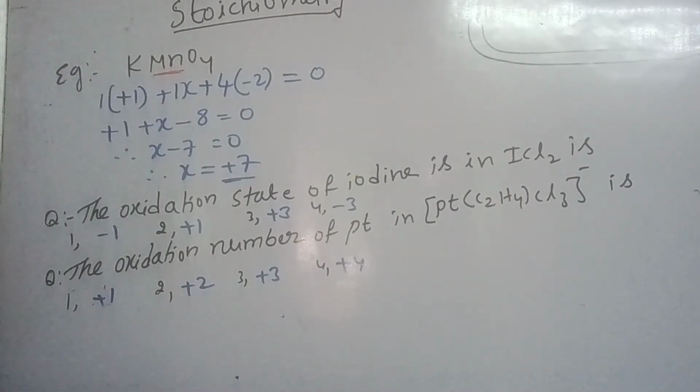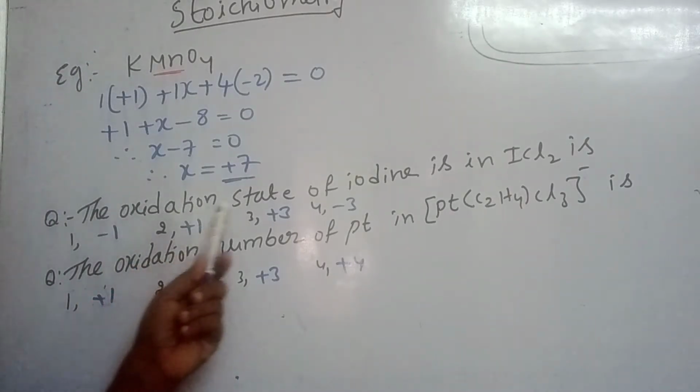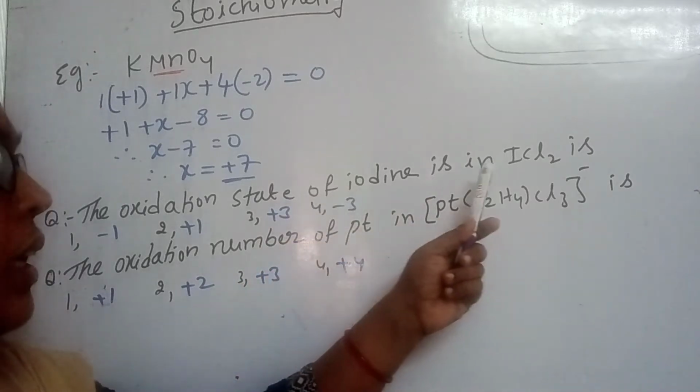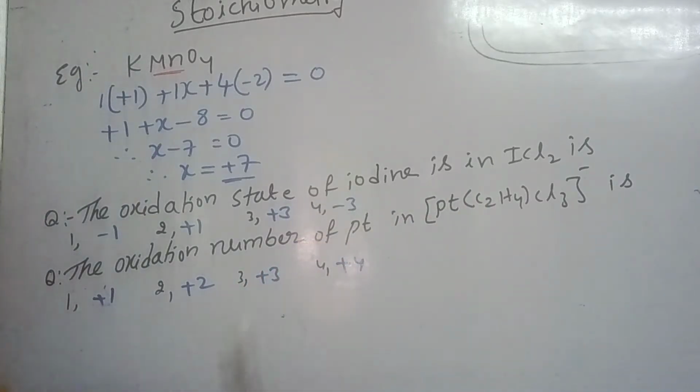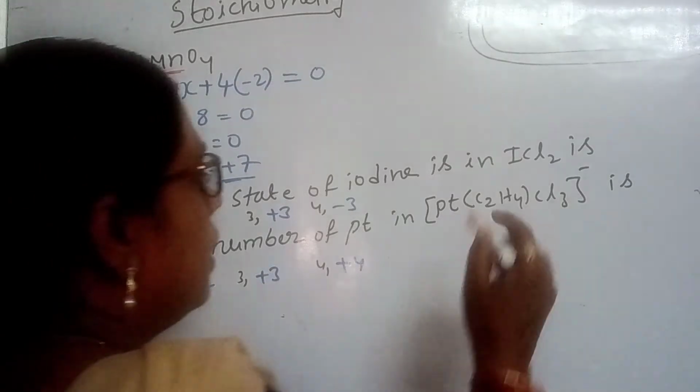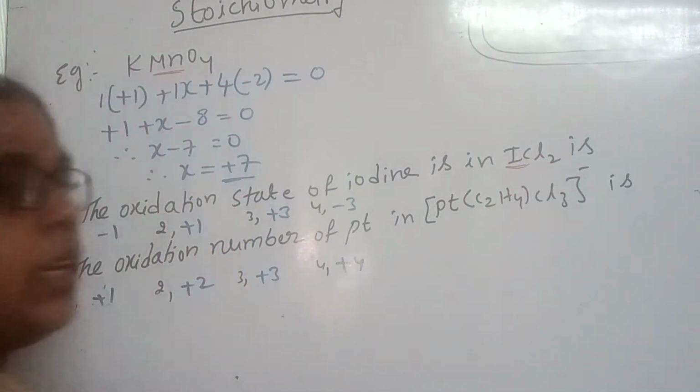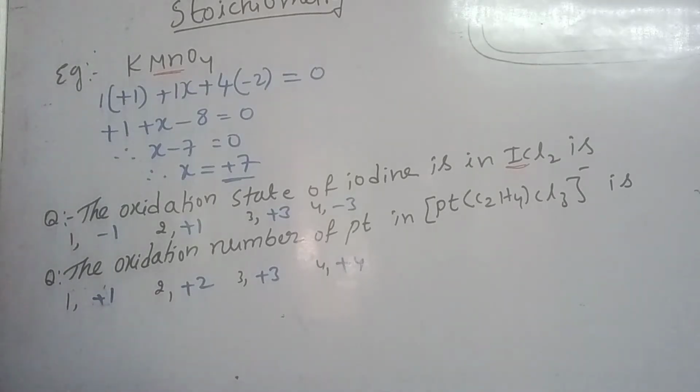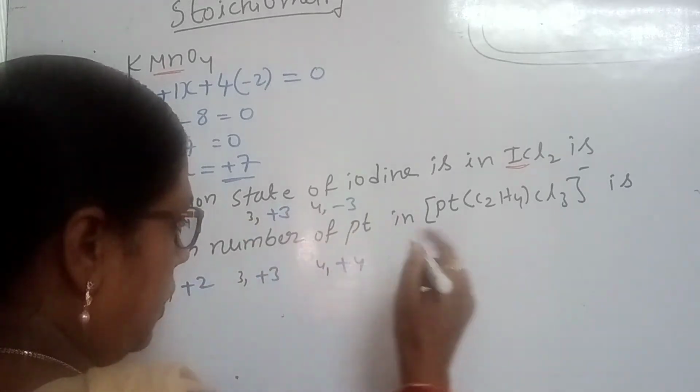Okay, so we can do some MCQ problems about this oxidation state. What is the question here? The oxidation state of iodine in ICl2 is. We have to calculate the oxidation state of iodine, I. So for the solution, the given one is ICl2.